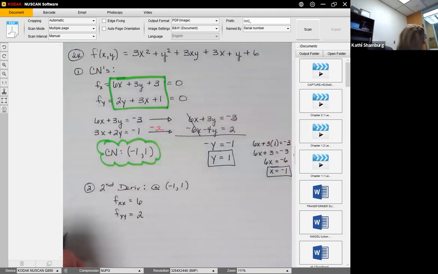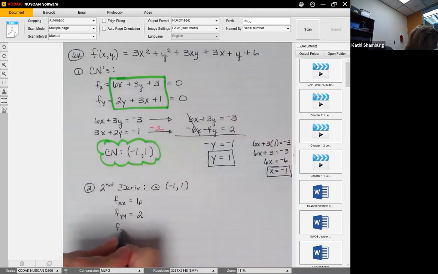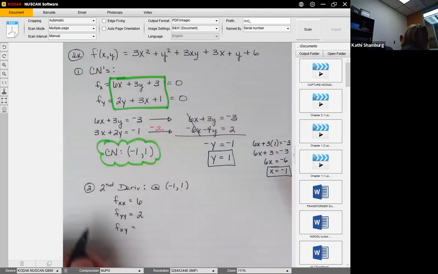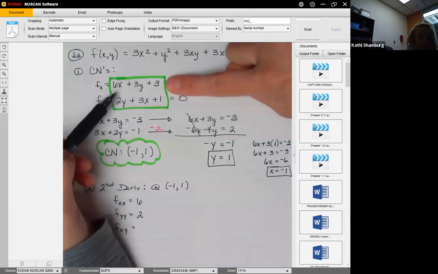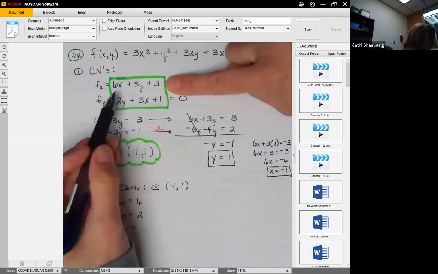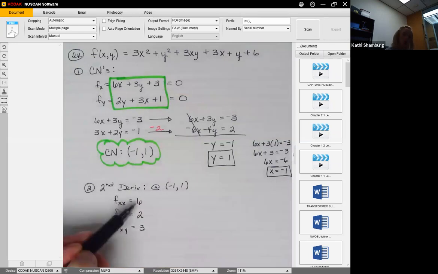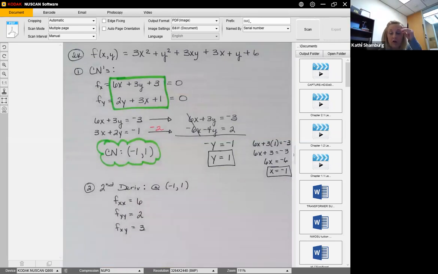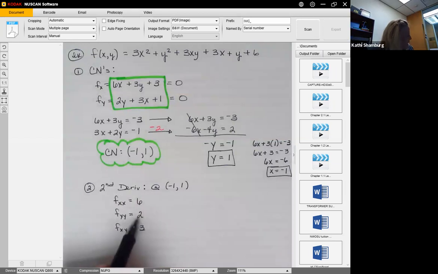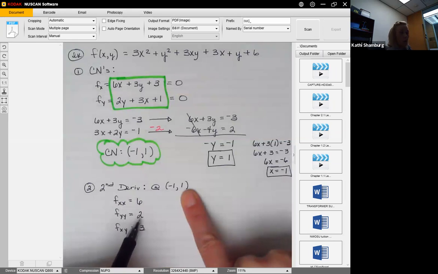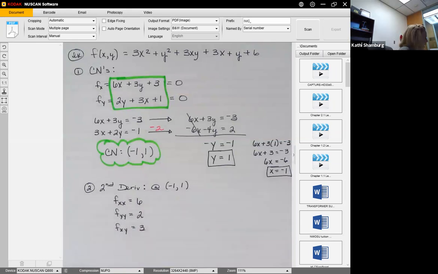Again, we just get a numerical value. Then f sub xy. I come back up here to this one, but now I'm going to do it with respect to y. That would be 0 plus 3 plus 0. All of these gave us just a numerical value, which makes it pretty easy. But if I had gotten a variable like 2y, then I would take 2 times the y coordinate, which is 1.